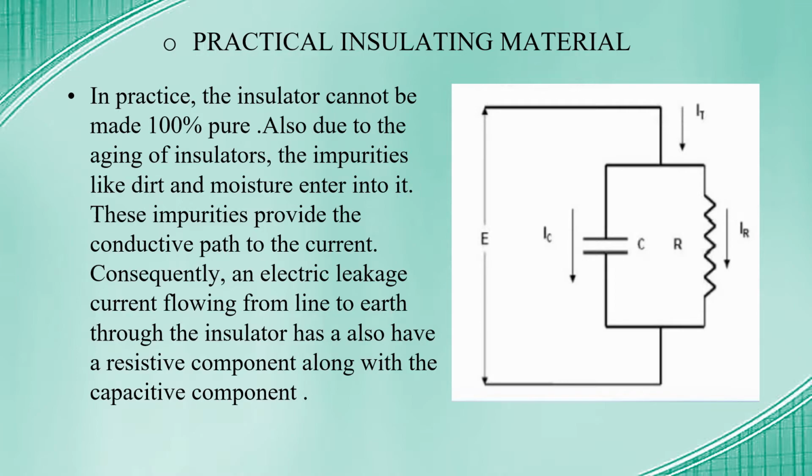These impurities provide a conductive path to the current, resulting in the leakage current flowing from line to earth through an insulator having a resistive component along with the capacitive component, which is shown on the right side of the figure here. Whereas in the ideal condition we have seen that it presents only a capacitive component and no resistive component was present.